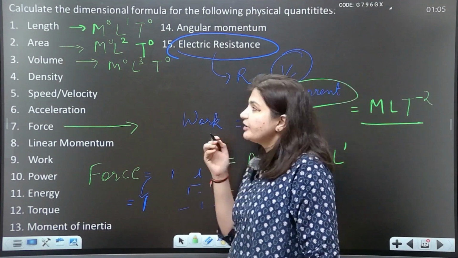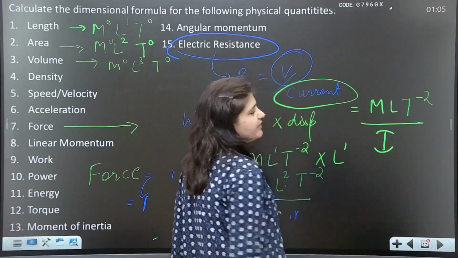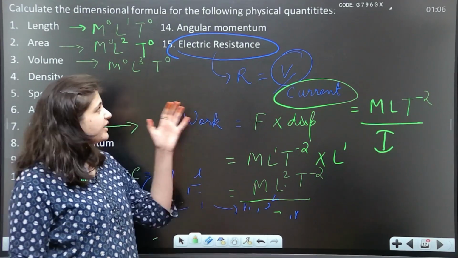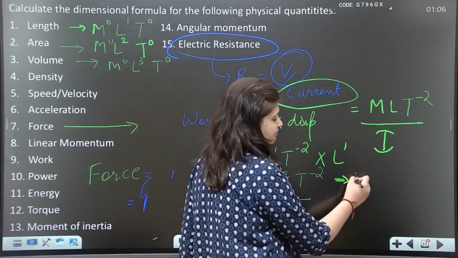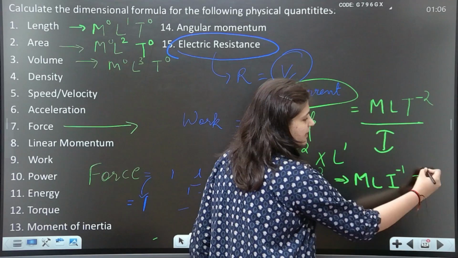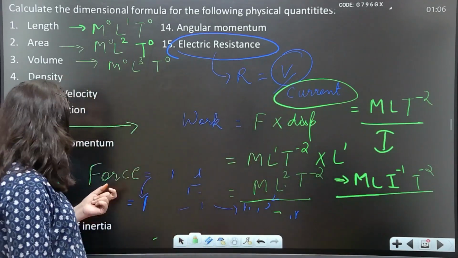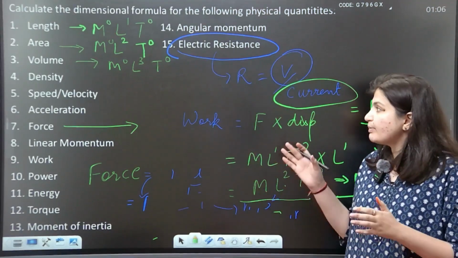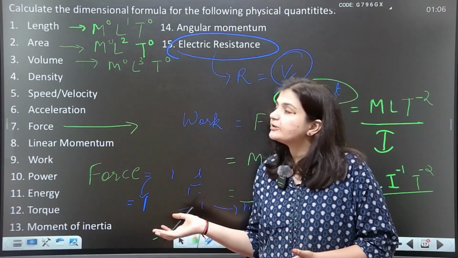For current we have the standard notation I. So this is how we express the dimension for electric resistance: M L square, current to the power minus 2, T to the power minus 3. So this is how we can find the various dimensions, by knowing the formula and the concept behind it.